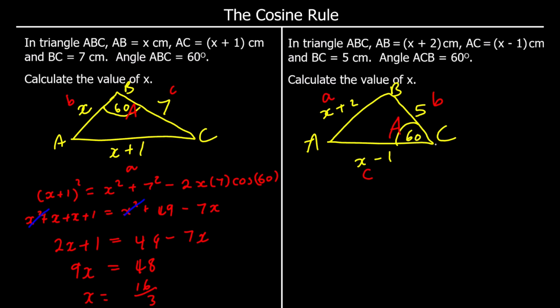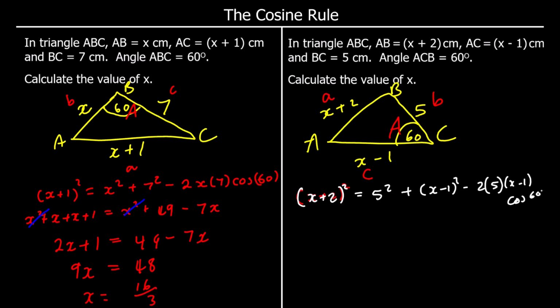So we've got a squared, x plus 2 squared, equals b squared, 5 squared, plus c squared, x minus 1 squared, minus 2bc cos a. Couldn't quite squeeze that in. Simplify as much as we can.